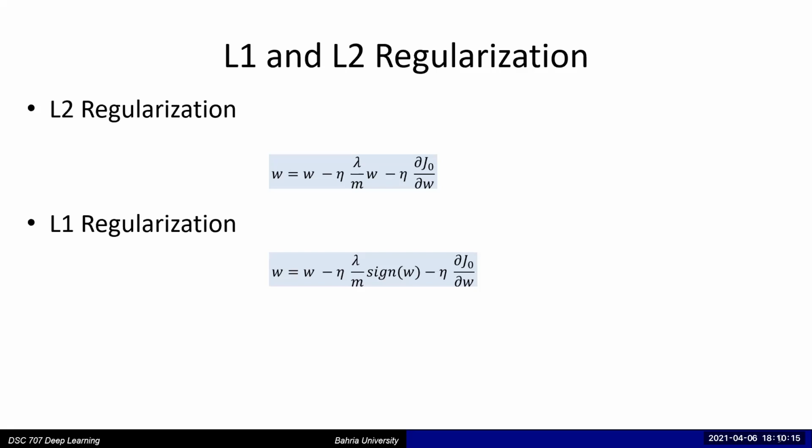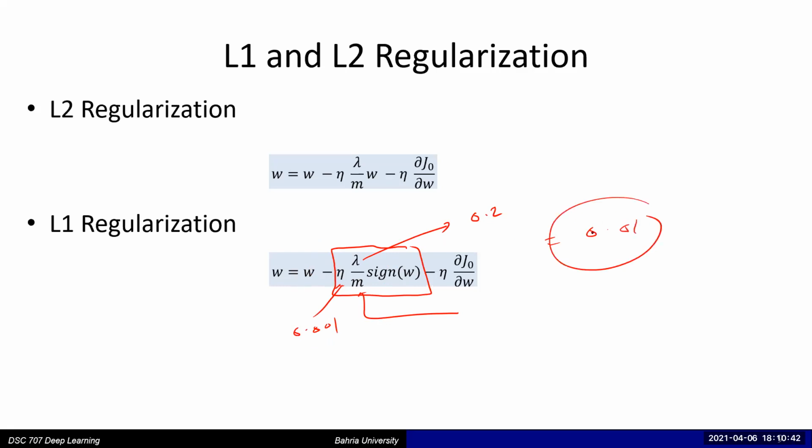Now, what is the difference between the two? In the case of L1 regularization, we are always subtracting a constant value from W. Why constant? Because lambda is some parameter, say 0.2. M is the number of training examples, which is fixed. Eta is the learning rate, say 0.001, which is also fixed. So when you multiply them together, you may get something like 0.01.